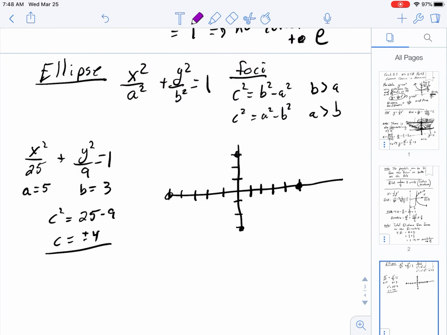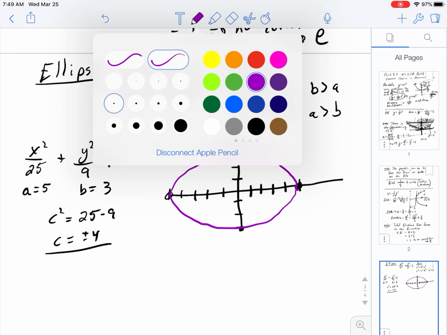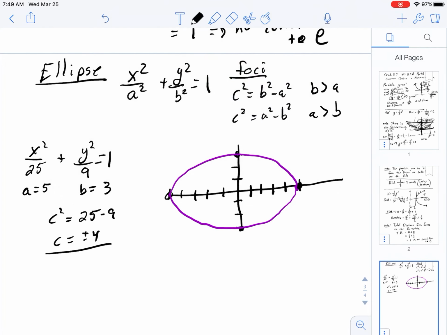And let's graph out the ellipse. Okay, now my focus: I have my focus would be negative 4, 0. My other focus here would be 4, 0.